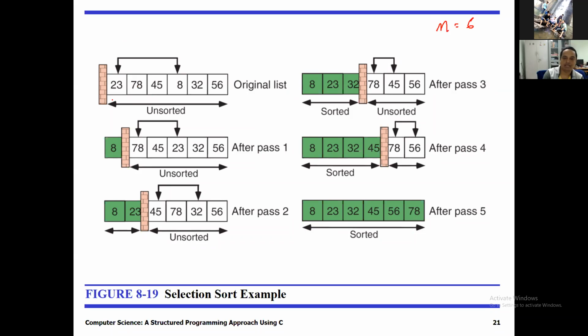At the beginning, the unsorted part contains these 6 elements. The sorted part contains 0, nothing.